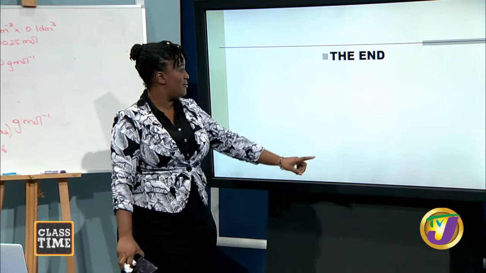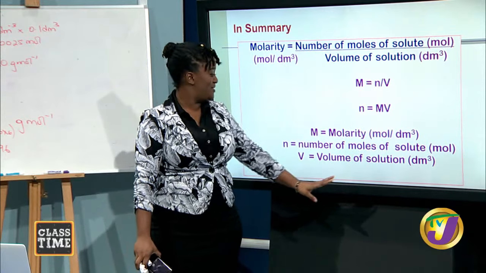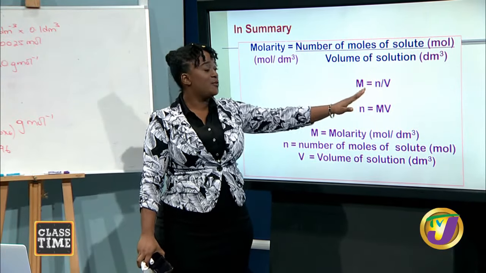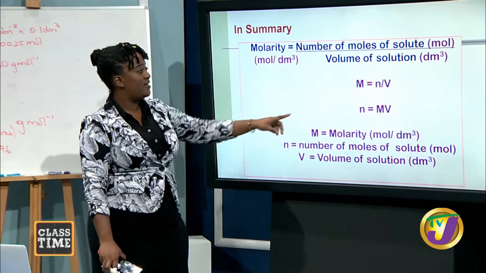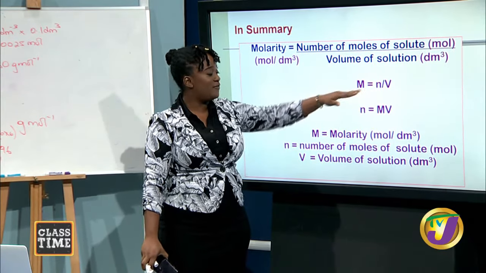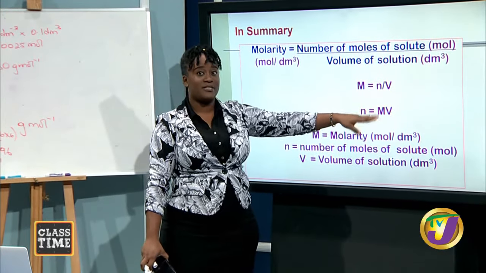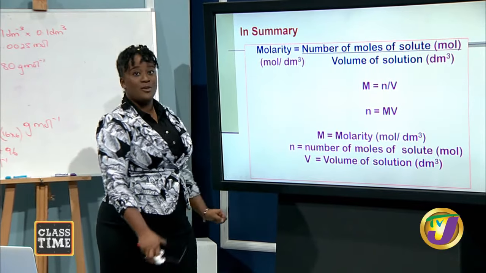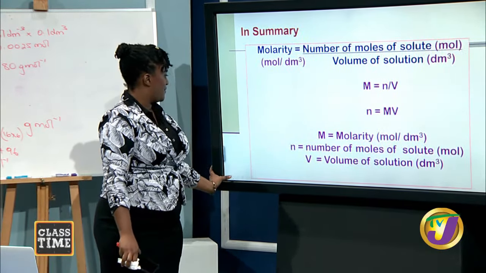N is equal to number of moles, while V is equal to volume of solution. So M is equal to N over V. And here we can substitute this equation above to calculate number of moles. So number of moles is equal to molarity times volume to get number of moles, right?